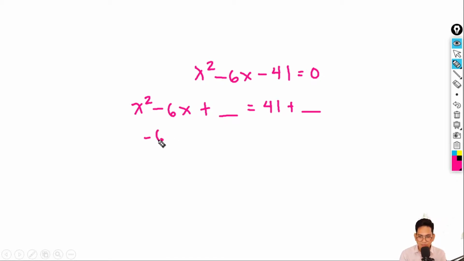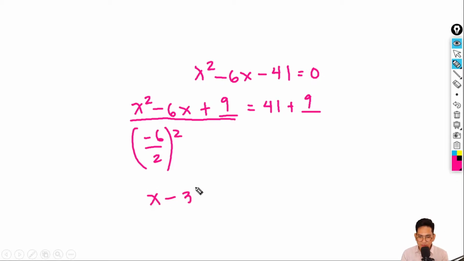Correct. So negative 6 divided by 2, quantity squared, will give us 9. And then writing this into a square binomial. Correct. So therefore we have x minus 3, quantity squared, is equal to 41 plus 9 gives us 50.